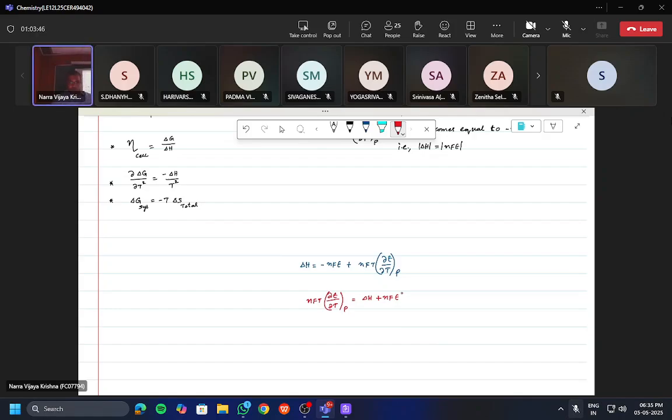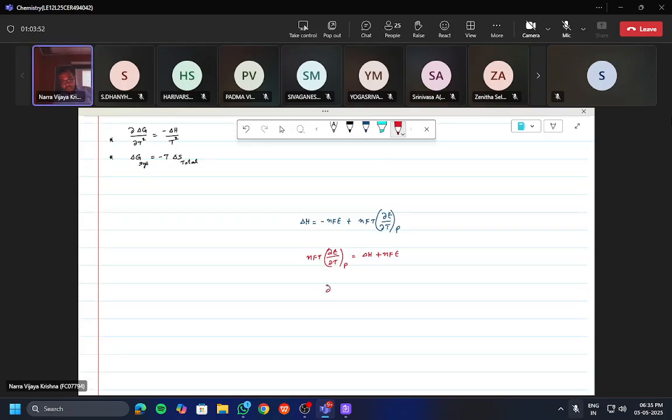Divide the total equation by nFT. Then ∂E/∂T at constant P equals delta H upon nFT plus E upon T. Correct?